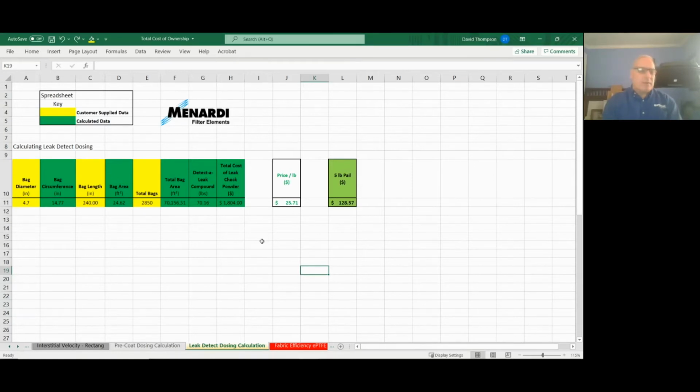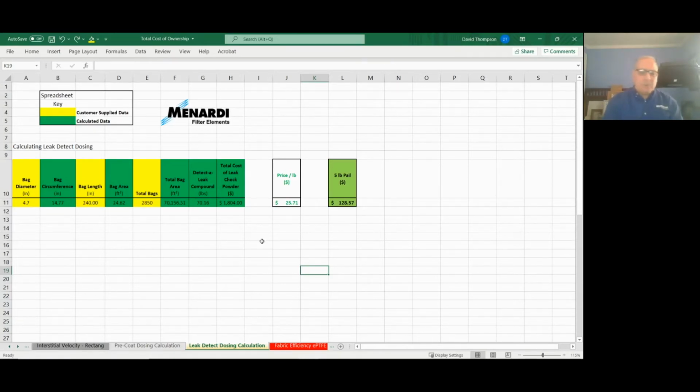We run a leak check with an iridescent powder that, with a blue light, lets us see places where leaks may occur in a brand newly installed baghouse, and we can correct them before we fire the system up and foul the whole baghouse.